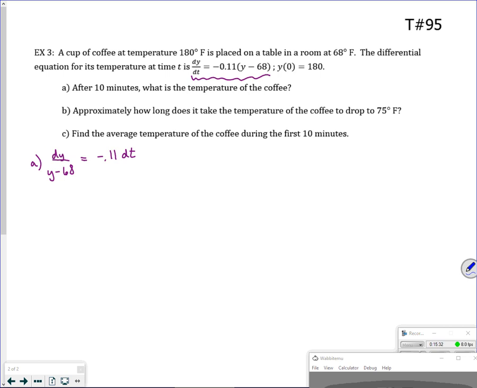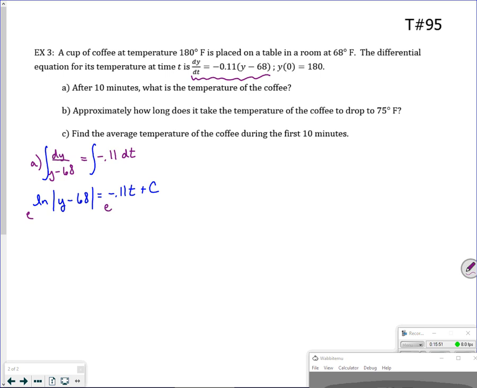After that, I integrate both sides. I get natural log of the absolute value of this is equal to negative 0.11 t plus c. I'm going to do my e to the and e to the.